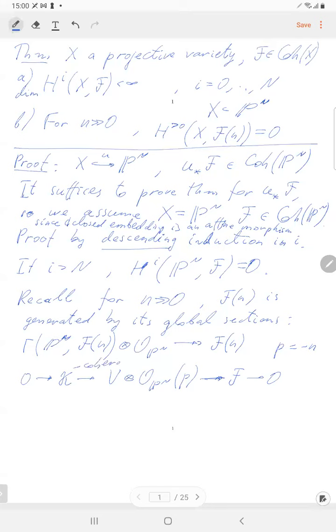You just take the above surjection and untwist it by n, then F(n) becomes F, and O becomes O(-n). And K by definition is the kernel, and the kernel of a morphism between two coherent sheaves is necessarily coherent. Okay, and then we're going to compute as well.